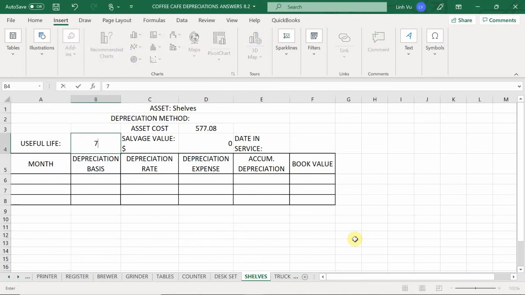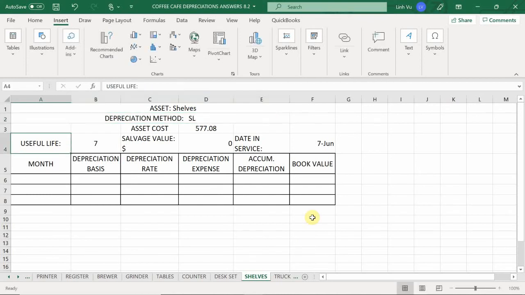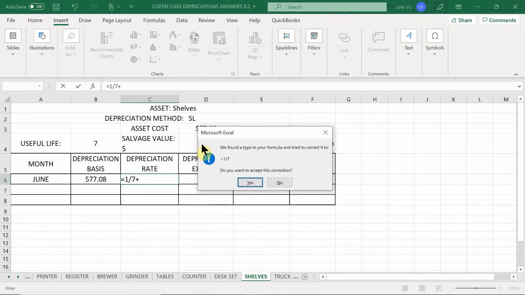Yes, June 7. Okay, 577.08, the same rate, 0.142857. This is 6.87. Oops, something is wrong, I wrote in the wrong spot.